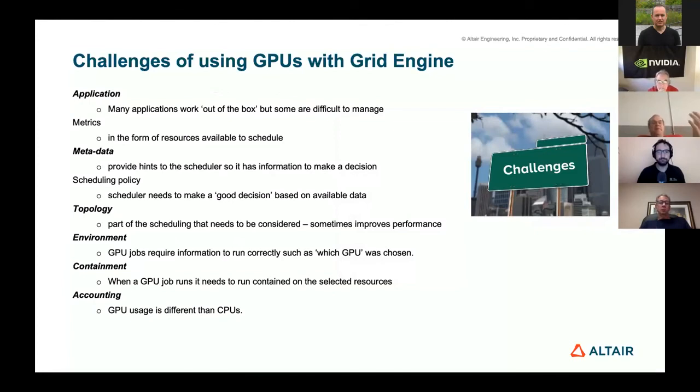And then there are other aspects, which I'm not going to go into a lot of detail on, like the metrics, but the metadata, giving the scheduler enough information so it knows that there's a GPU there and what to do, that's important. The arrangement of the GPUs and the CPUs, the topology, the environment that they require to run the application, the containment of it when it's actually running so it doesn't consume more resources than expected, and finally the accounting.